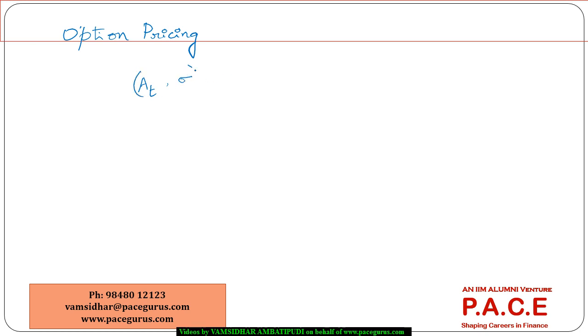We are trying to build some kind of relationship between these and link them with something that we can observe. The general things that we can observe are the value of the equity at time t, and the volatility of the equity. So we'll try to build some kind of relationship between these so that these values can be derived, and then we can very well use them in the equation.